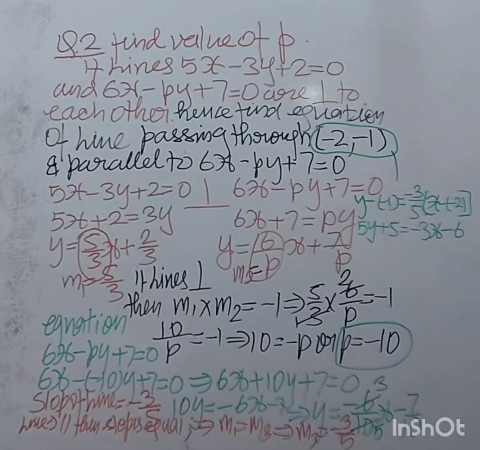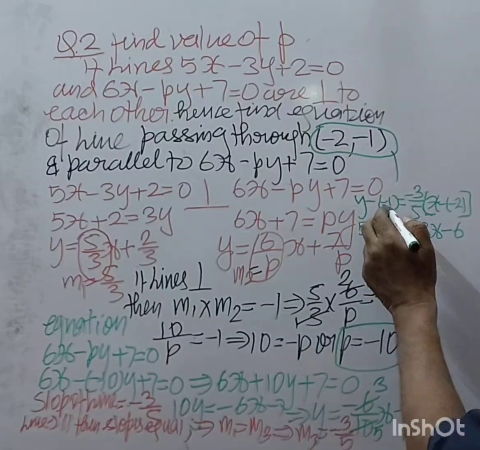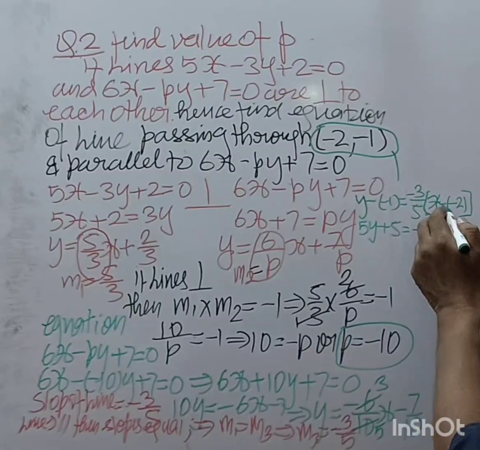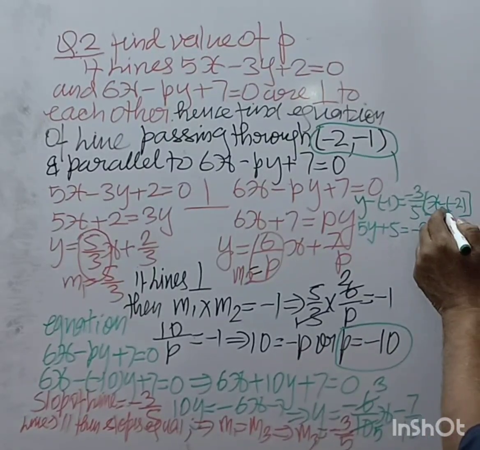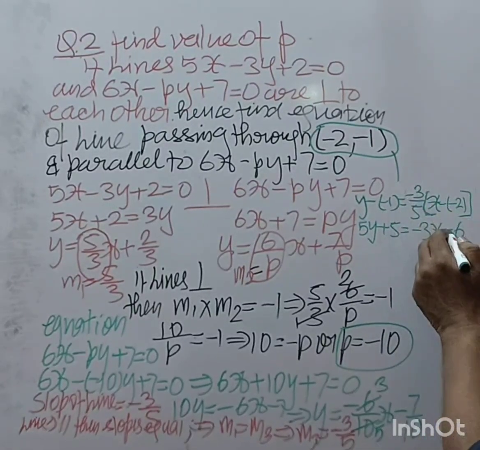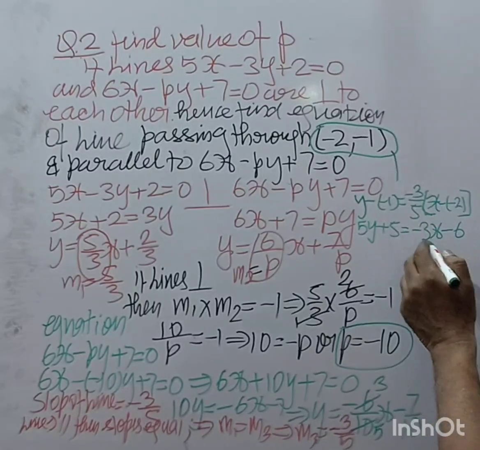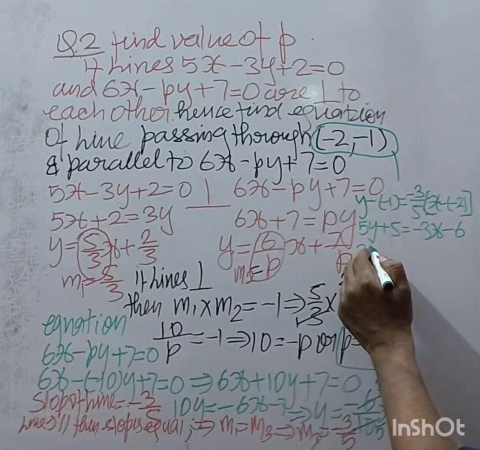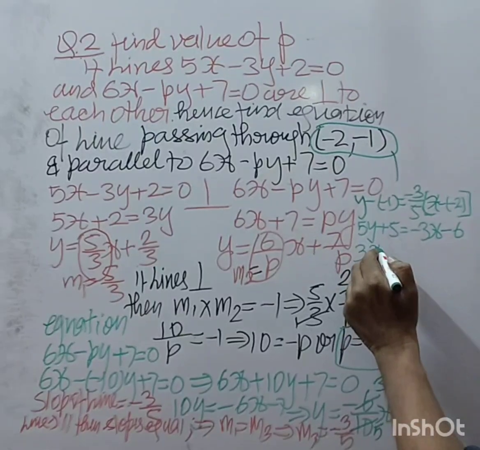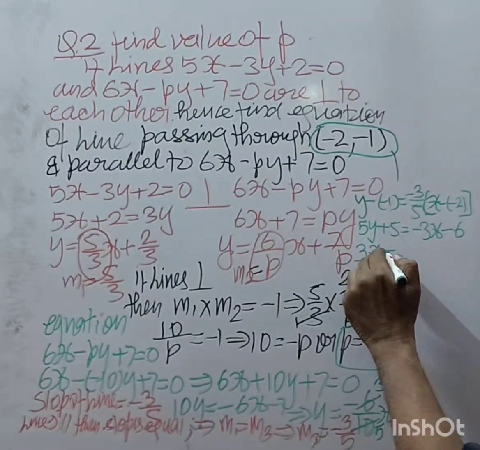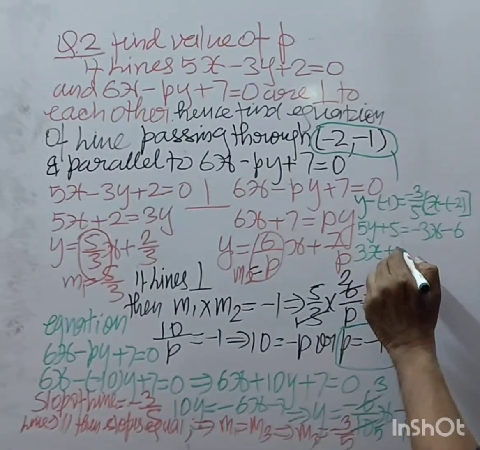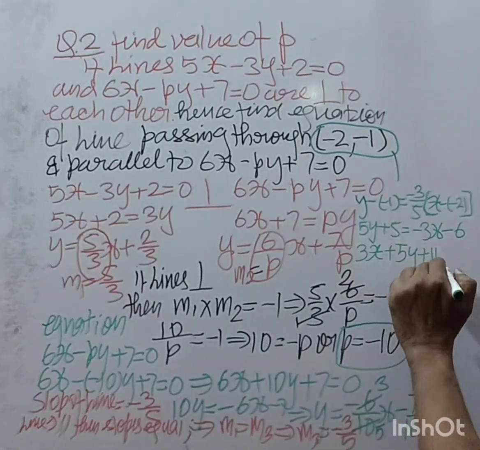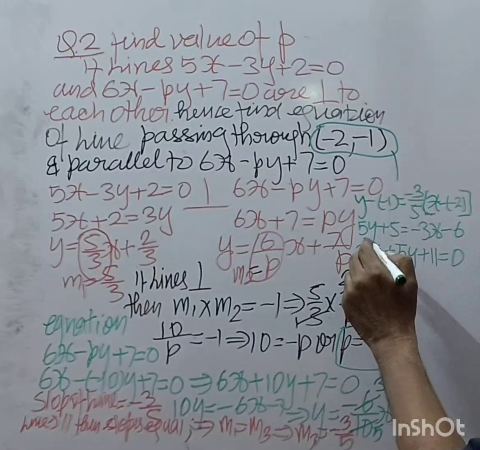You get it? Minus 3 times 2 becomes 6. We bring it on the other side, so we get 3x plus 5y plus 11 is equal to 0.